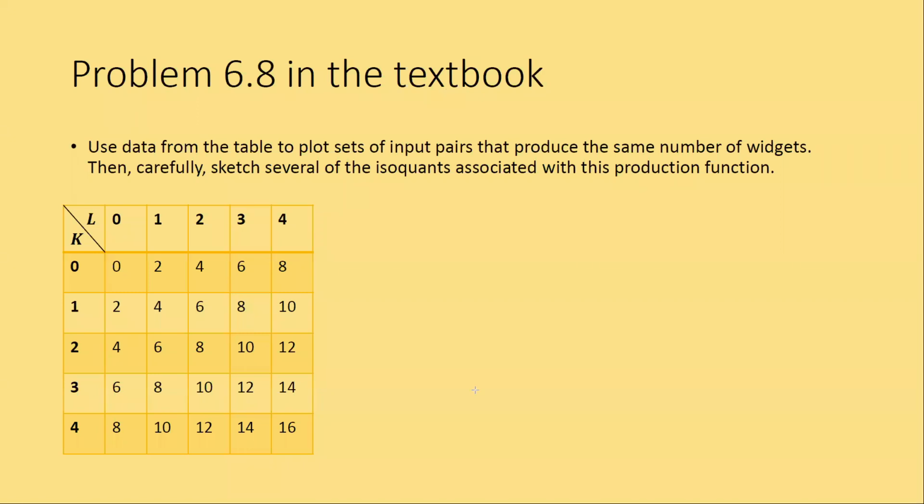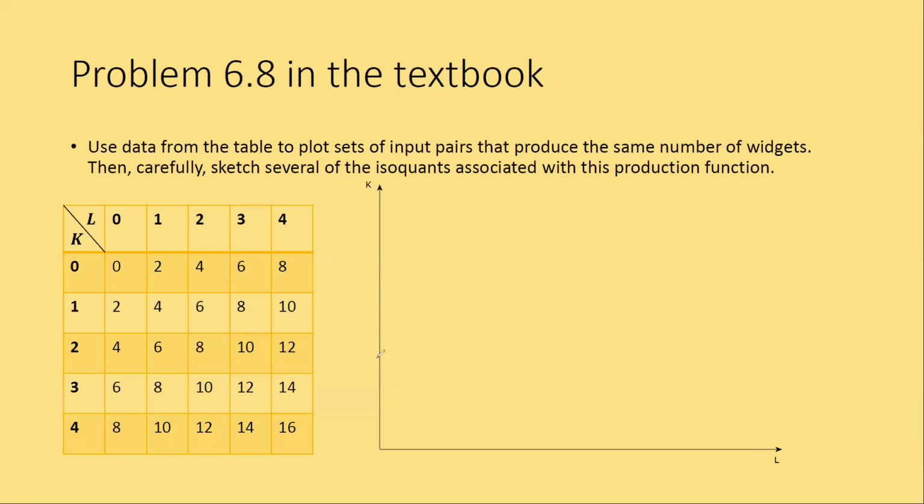So let's draw the graph first. Usually we put labor on the horizontal axis and capital on the vertical axis. So let's mark some points over here.